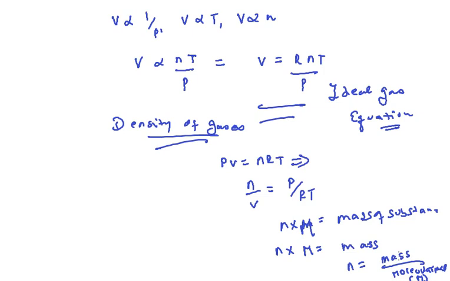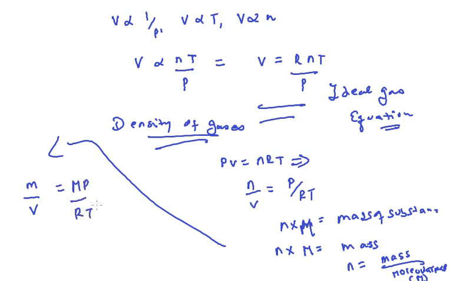So what I'm trying to say is that if you multiply both sides by the molecular mass, we may come up with M over V equals MP over RT. Okay, I'm multiplying both sides by the molecular mass.